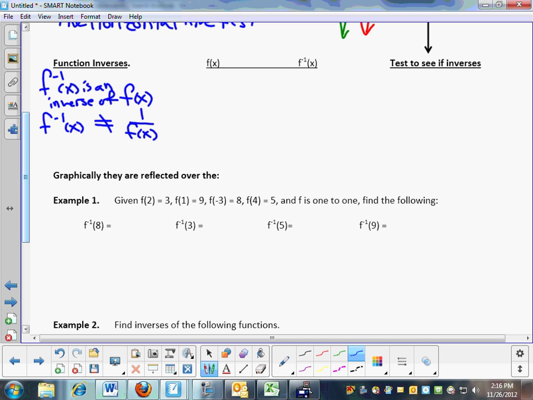Okay, last thing is this. If f of x is equal to y, then f inverse of y is equal to x.